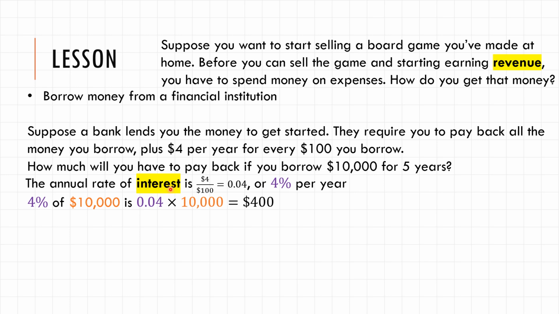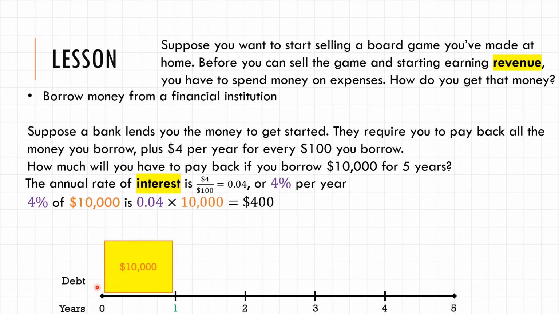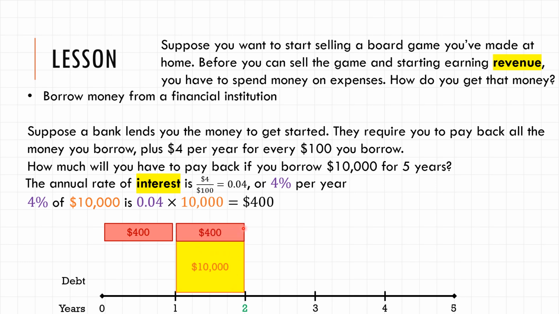So let's look at a diagram of what this might look like. This is a timeline, and in year 1, you've borrowed $10,000. So for this first year, you need to pay back $400. In the second year, now you need to pay back $400 for this year.